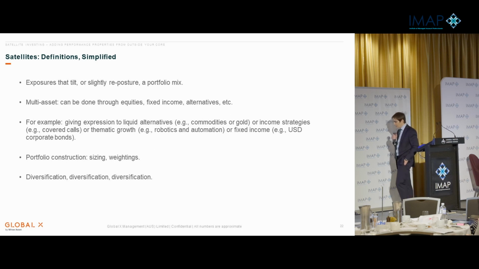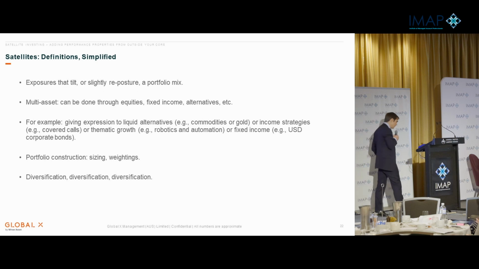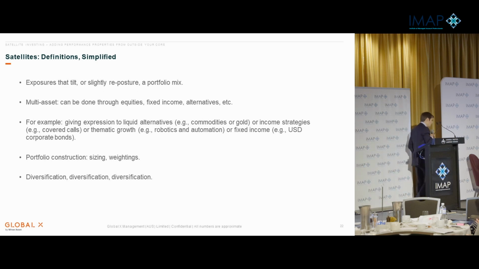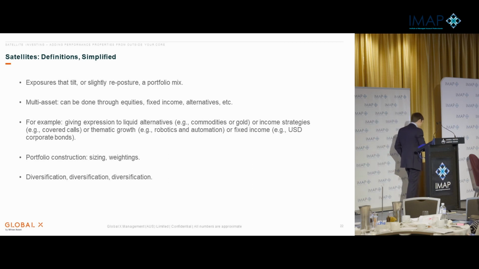The other thing that satellite investing denotes and connotes is sizing. So it's the case that the satellite sits as an addendum to the core position. Another thing that satellite investing denotes and connotes is that it's a pocket in the portfolio wherein perhaps you attempt to achieve outperformance.